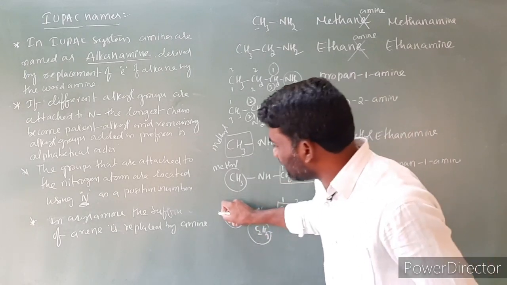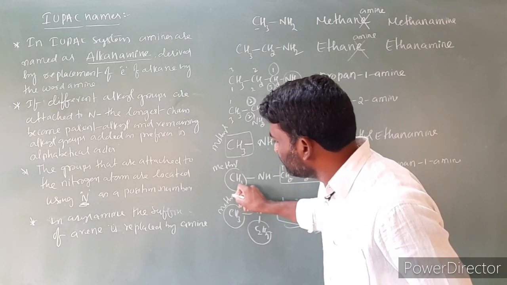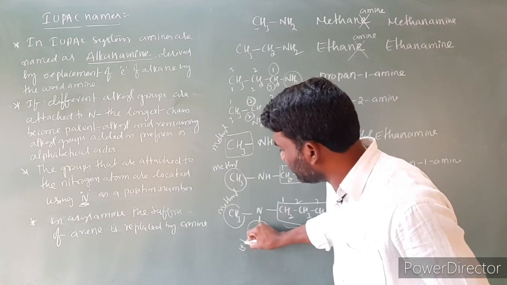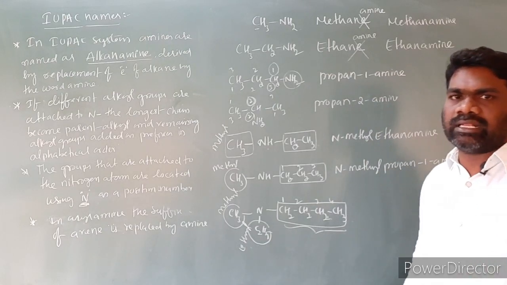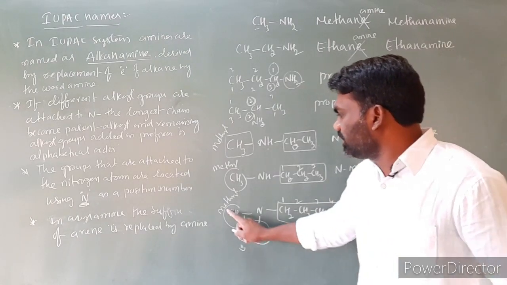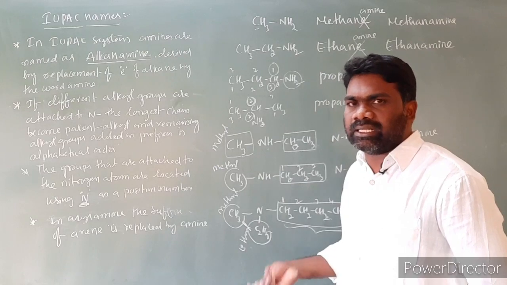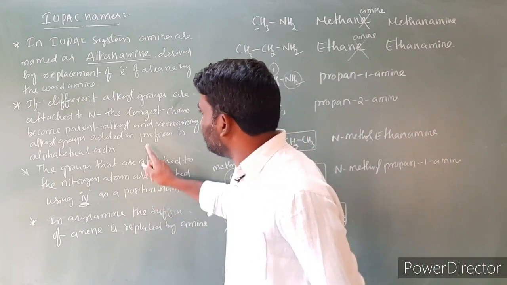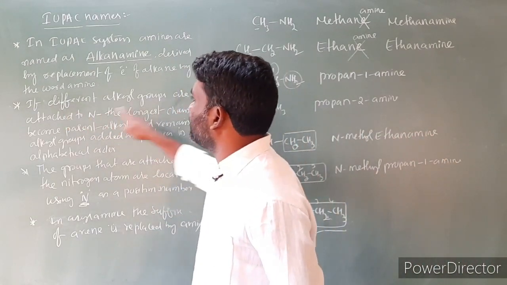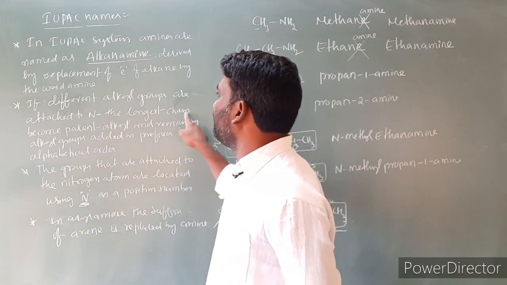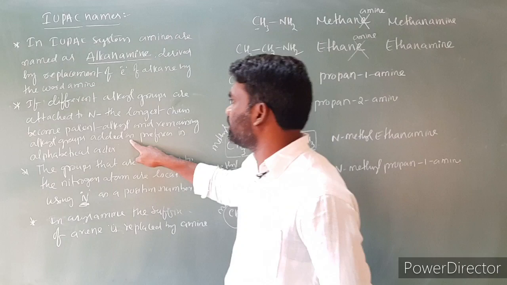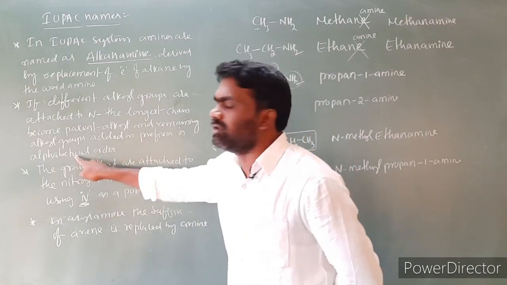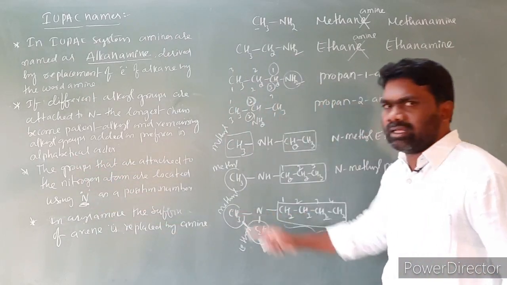Then this is methyl, and this is ethyl. Then how to write the name of this compound? These alkyl groups we have to arrange in alphabetical order. If different alkyl groups are attached to the nitrogen, the longest carbon chain becomes the parent alkyl, and the remaining alkyl groups are added as prefixes in alphabetical order.